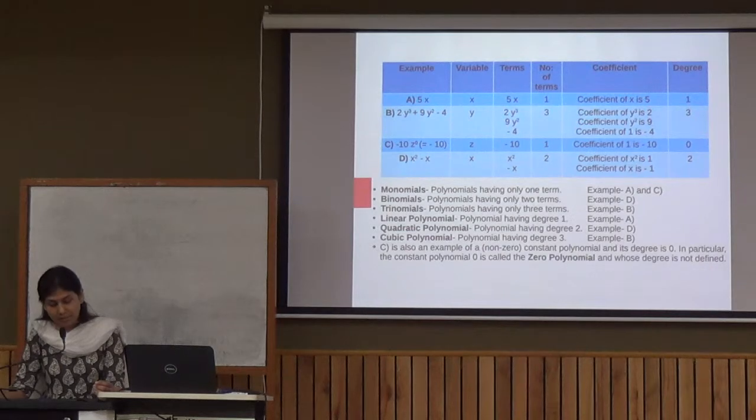Example D, x^2 minus x is clearly a quadratic polynomial, and example B, that is 2y^3 plus 9y^2 minus 4 is a cubic polynomial. Friends, please note that minus 10 z^0 is equal to minus 10. Now this is clearly a non-zero constant polynomial and the degree here is 0. However, the constant polynomial 0 is called the zero polynomial, and the degree of the zero polynomial is not defined.